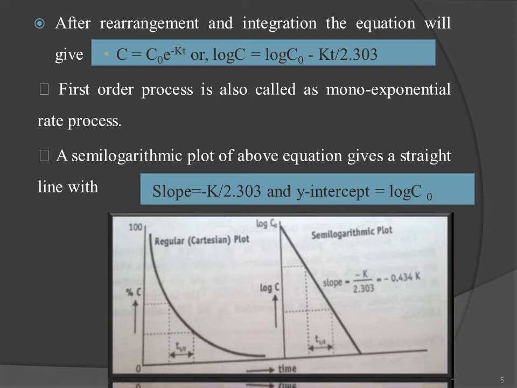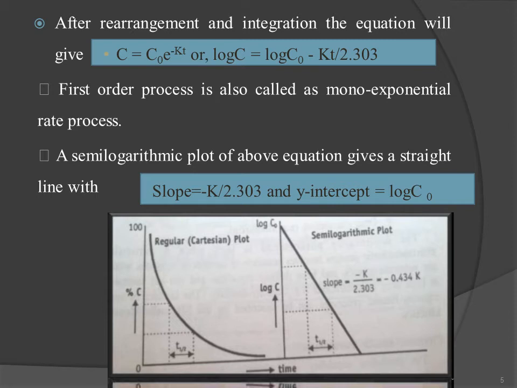That is, a constant fraction of the drug undergoes a reaction per unit time. But in case of zero order kinetics, there is no requirement for logarithmic transformation. But in case of first order kinetics, we want to convert into the logarithmic form. First of all, we are plotting in a regular plot, that is percentage concentration versus time.